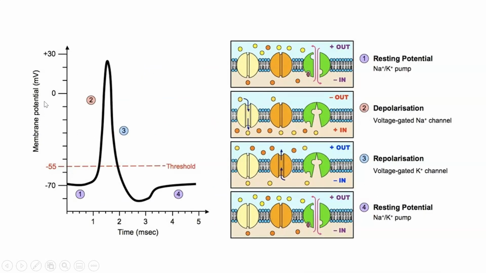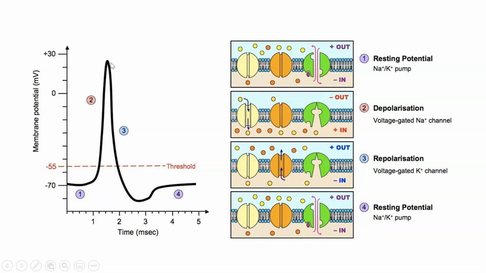And when we look at the membrane potential here, you can see how that impulse is measured. So our threshold potential's there. We've got our resting potential, and then we have the depolarization occurring where our sodium ions are entering the cell.